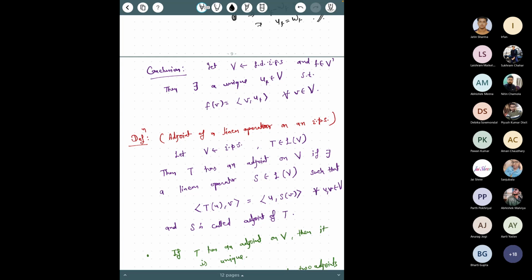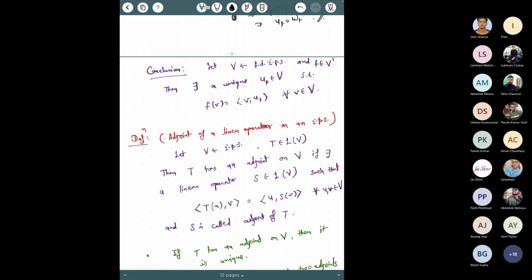While proving the existence of an adjoint of an operator on a finite dimensional inner product space, you will realize that since a similar thing is not true for infinite dimension, the proof will not work for infinite dimension.